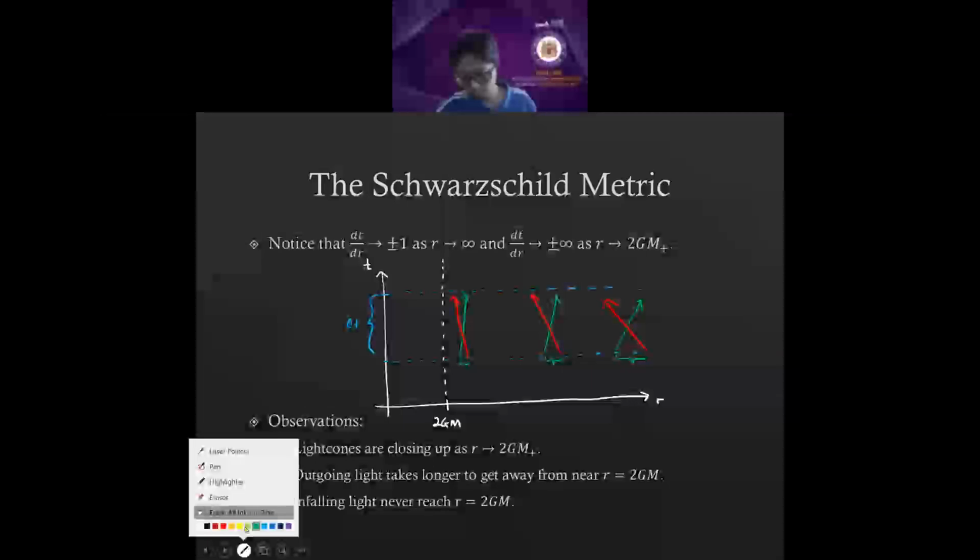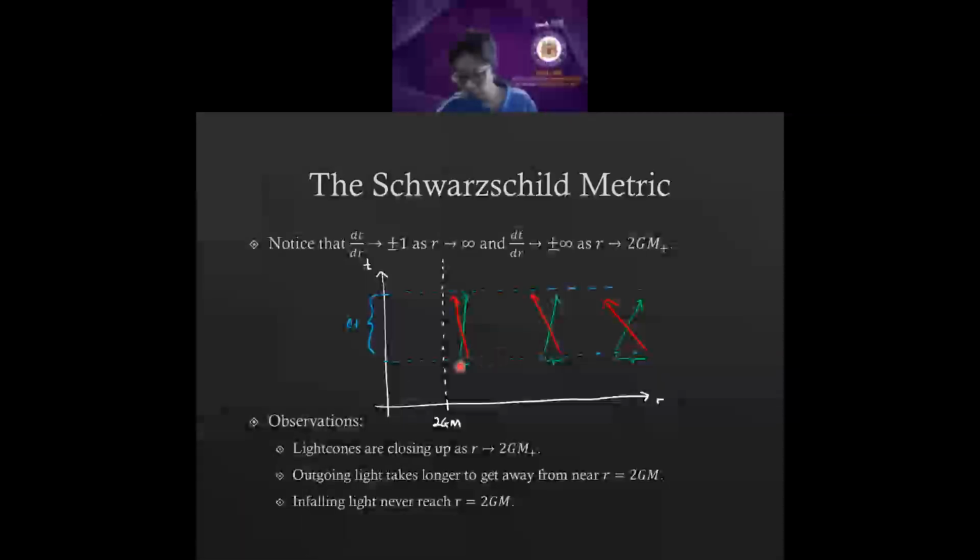If the light starts from this point, then within the same amount of delta t it can only travel this much, compared to a light that starts from this point, which can travel a much further distance. And the third one, the infalling light never reaches r equals 2GM. So this is something weird.